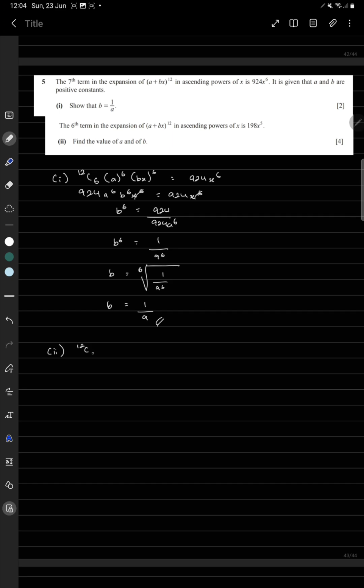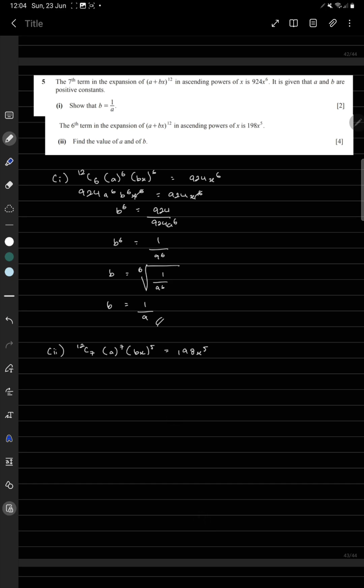12C7, yeah, 12C7 a to the power of 7, and we have (bx) to the power of 5, which should be equal to 198x to the power of 5.